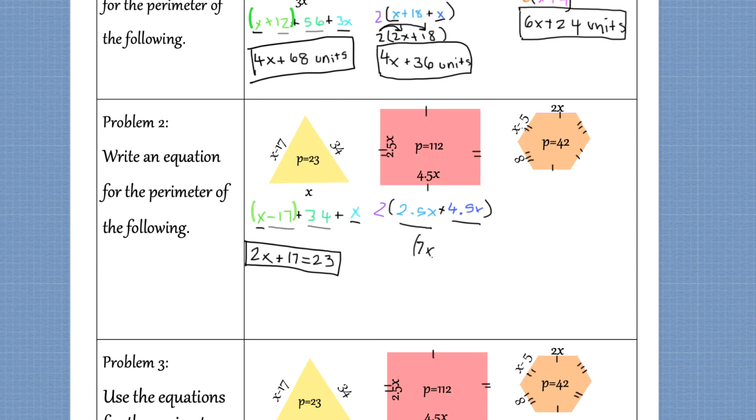Then put these in parentheses and multiply it by 2. So 2 times 7x is equal to 14x. 14x can't be simplified any further, so this is already our simplified expression, and we're just going to set it equal to 112, which is the value of the perimeter right here. This is our equation for the perimeter.